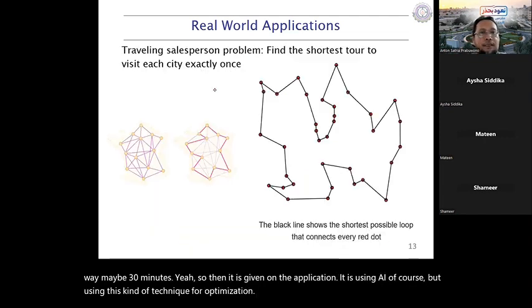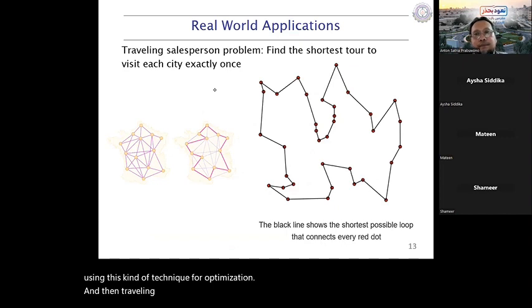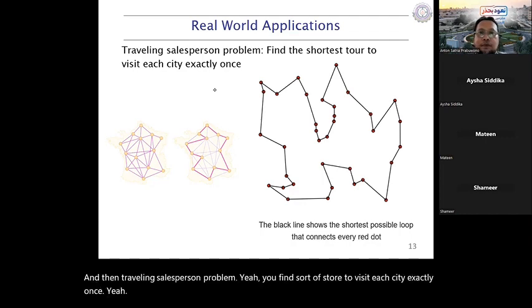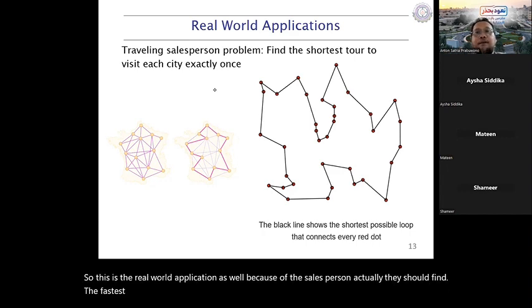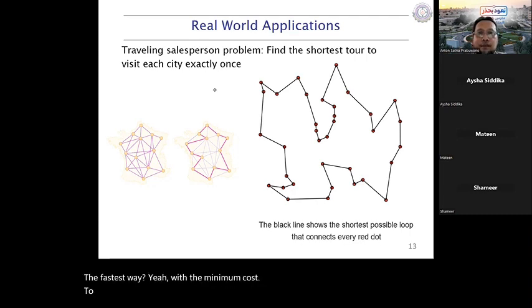And then the traveling salesperson problem. We find the shortest tour to visit each city exactly once. This is a real world application as well, because the salesperson should find the fastest way, with the minimum cost, to reach the city or the customer, the destination.